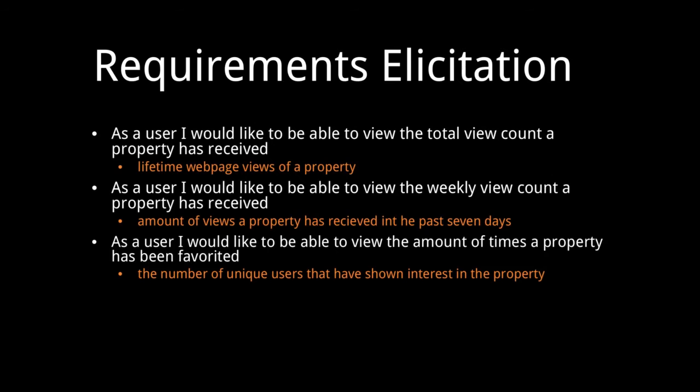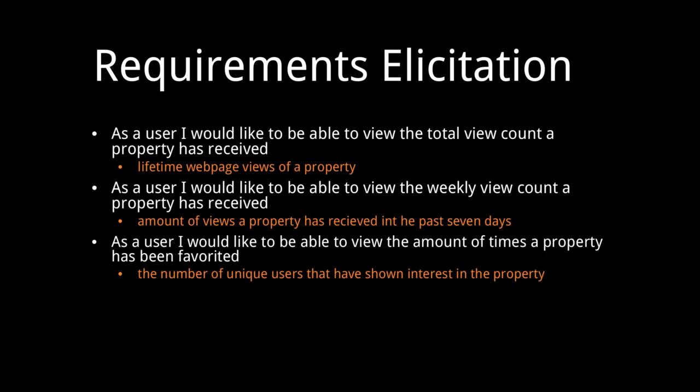Our user story needs these requirements to be successful. So we need to be able to view the total count of a property. We need to be able to view the weekly count of a property. And we also need to be able to view the amount of times a property has been favorited, because those are the three acceptance criteria that we put on our user story. So that's going to be the three requirements in our elicitation.